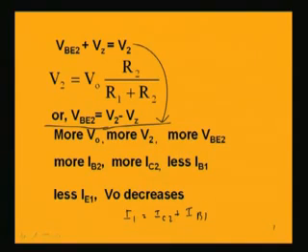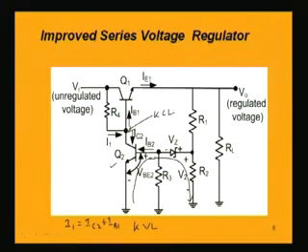So if this collector current increases, what will happen to the base current? Because IB1 equals I1 minus IC2. As IC2 increases, the base current will reduce, because I1 is not changing. Now that means we are getting a lesser base current IB1.